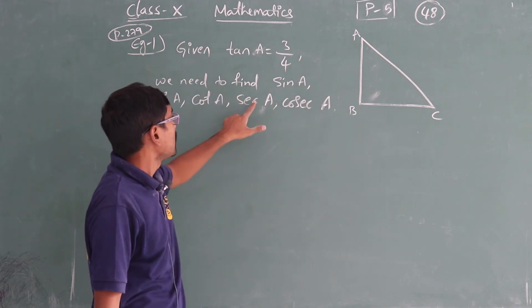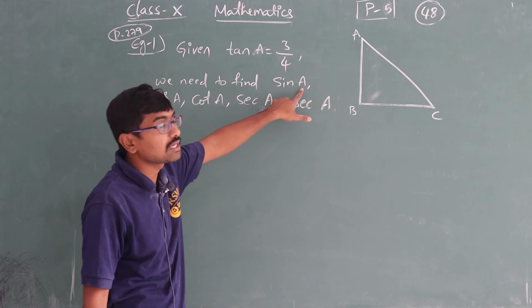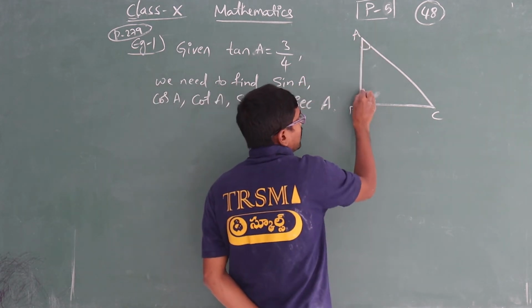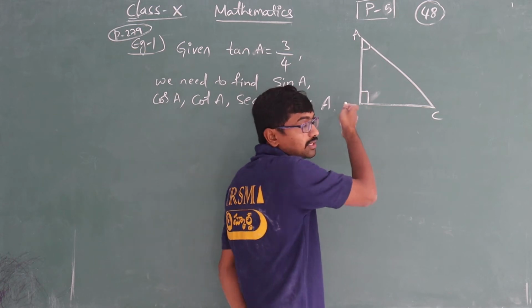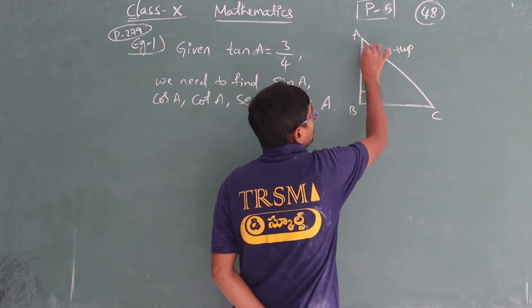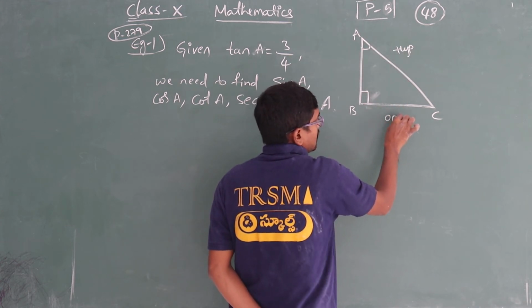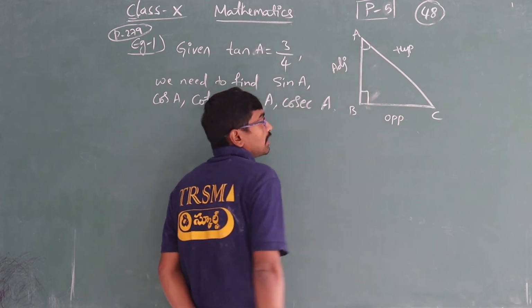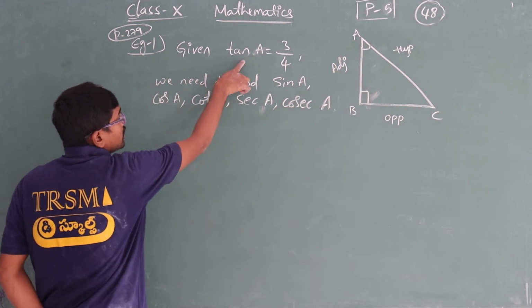Because in the question he mentioned the acute angle is at A. So A represents the acute angle, this is 90 degrees, and I can take C also. This will become the hypotenuse side, this will become the opposite side, and exactly adjacent to this will become the adjacent side. Am I right?